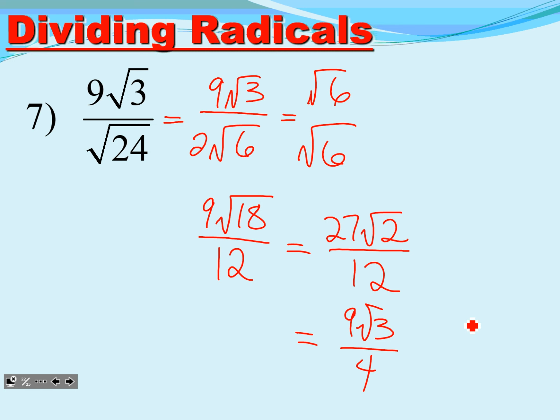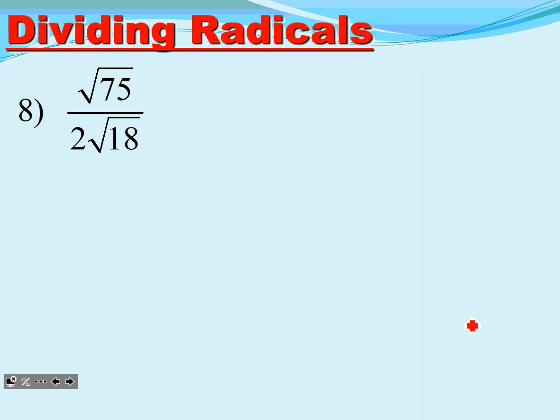Okay, guys. Number 8. If you want to try it on your own, you may want to pause now. If not, just follow along. So what I like to do is simplify the radicals first. I'm going to simplify both top and bottom. So 75 becomes 5 root 3.